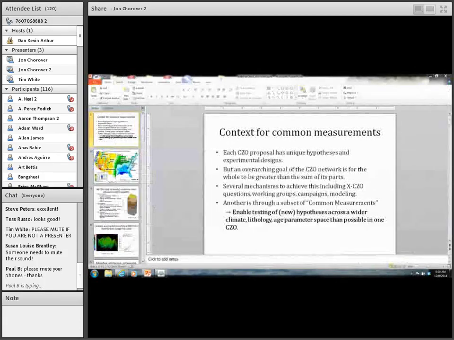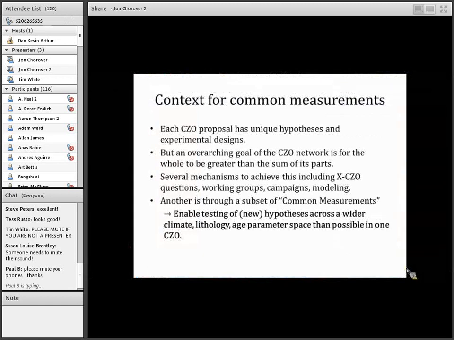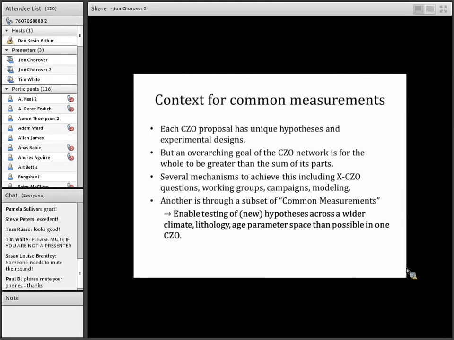A way to look at that large view is the precipitation space of the CZOs, and you can see that there's a wide range in annual precipitation from the hot, dry southwestern U.S., southern Sierra, to higher rainfall in the Eel River CZO, and then eventually you get out here on the East Coast, precipitation regimes in the Shale Hills and Calhoun, and the highest precipitation, of course, in Luquillo.